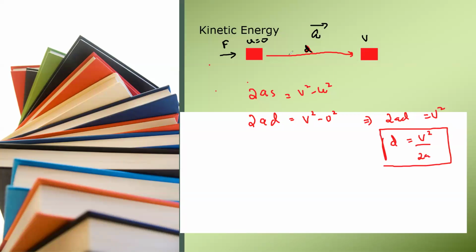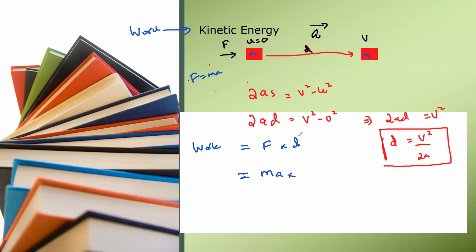Now I want to calculate the work done, because whenever an object is moving, the work done is equal to kinetic energy. So to calculate the work done, I need the force and I need the distance. We know the resultant force F equals ma, so in place of F, we can write ma.